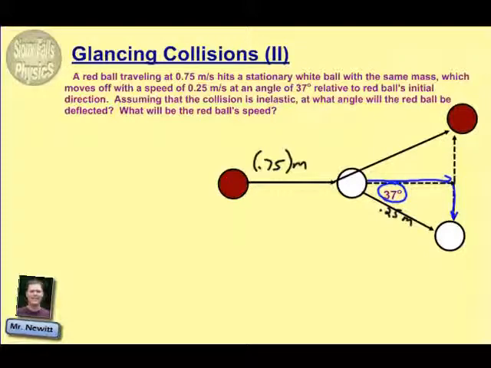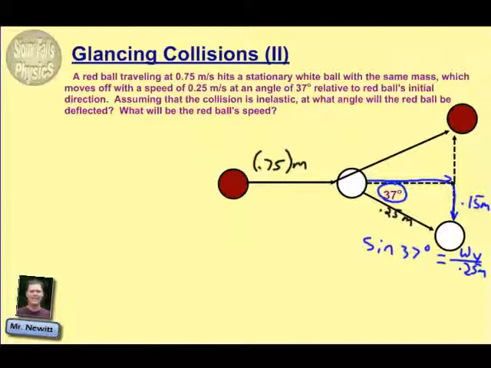Using the sine of 37, we get a vertical component that is equal to 0.15. So what I'm doing there is taking sine 37 degrees is equal to the white ball's y direction momentum over the 0.25 m, and that's how I'm getting my 0.15 m.